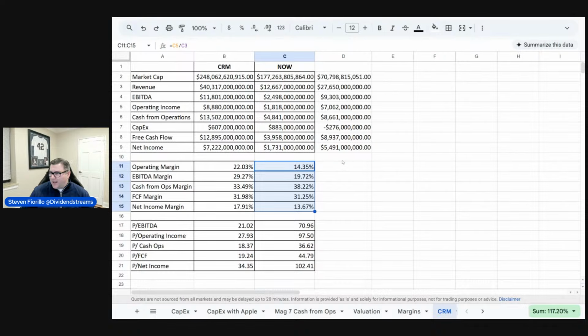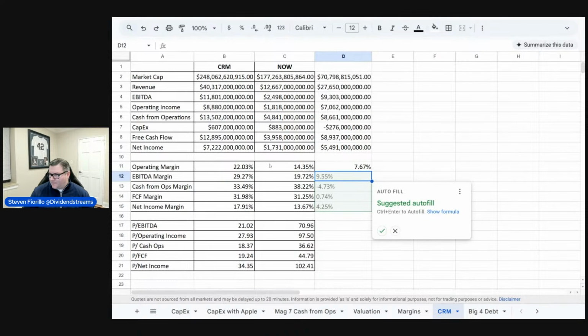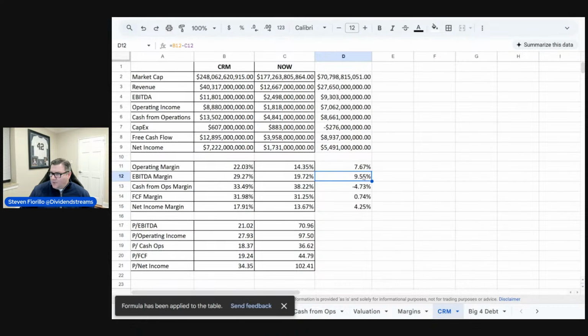From a margin aspect, Salesforce has a better operating margin, better EBITDA margin, a better profit margin, and a better free cash flow margin. The only margin that ServiceNow is better on is cash from operations margin.